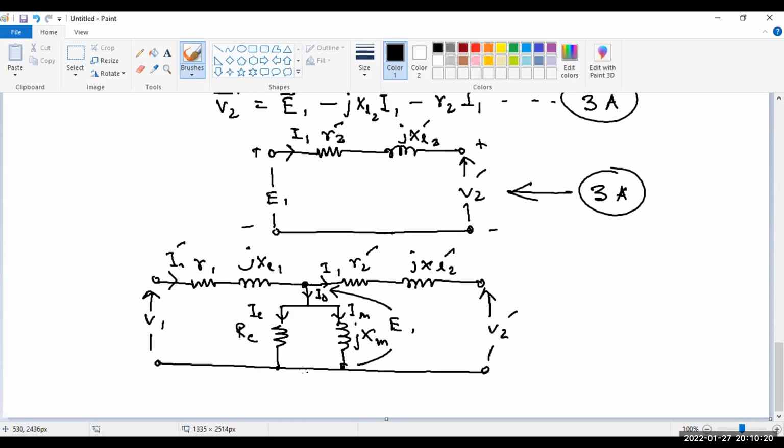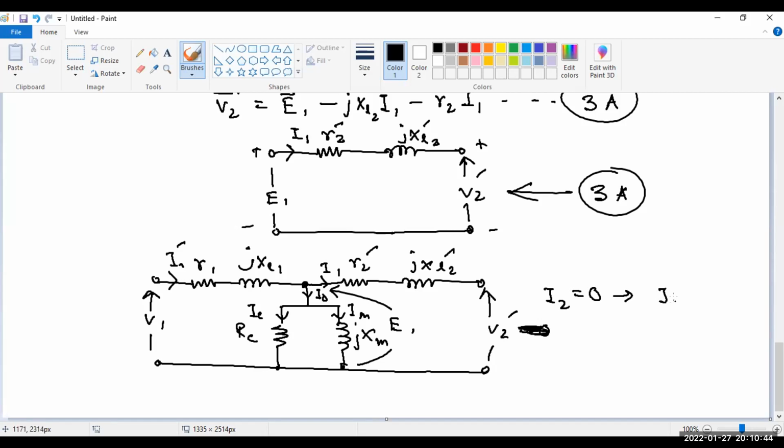From the concept of voltage regulation. No, it's just that you make I2 zero.